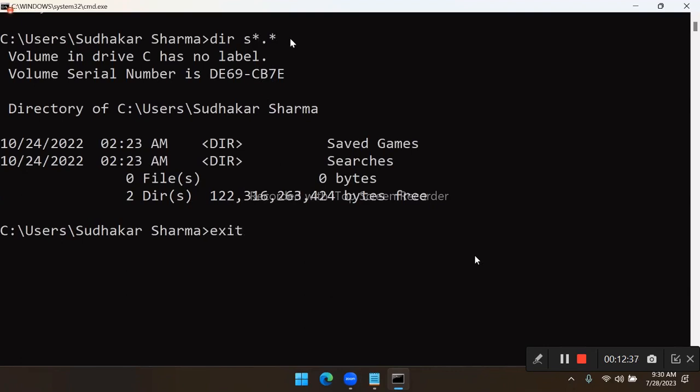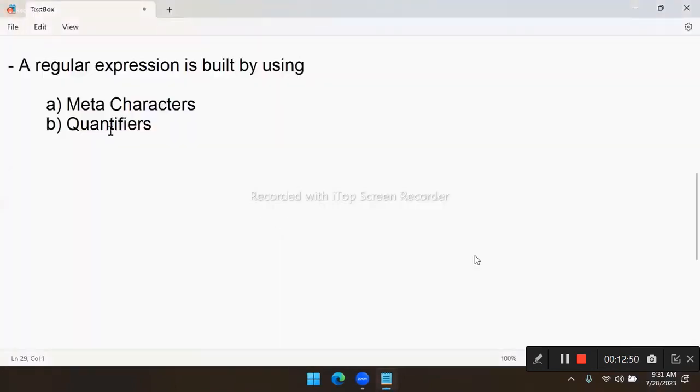Do you know the meaning of asterisk now? So what is the meaning of asterisk? I will show you. See, actually, meta characters are those. So many meta characters are there. We can use them for patterns.